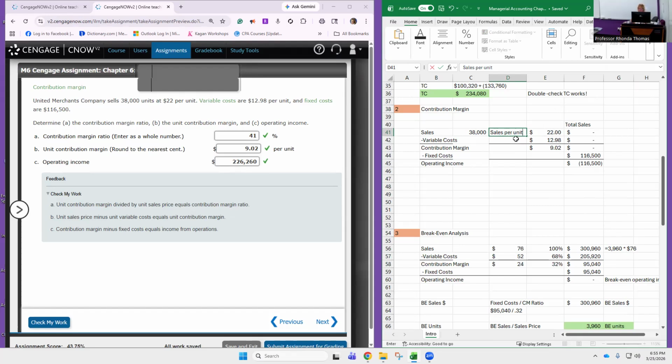And then this is the variable cost per unit. So VC per unit. Okay, that's the dollar value. And then we can get it in total sales, total, right? Then we can get totals going. Okay, so then we'll put totals here.